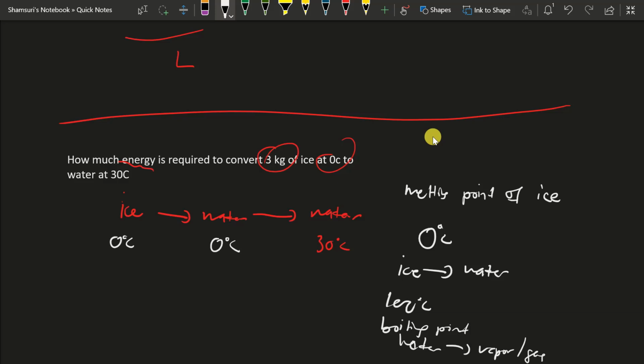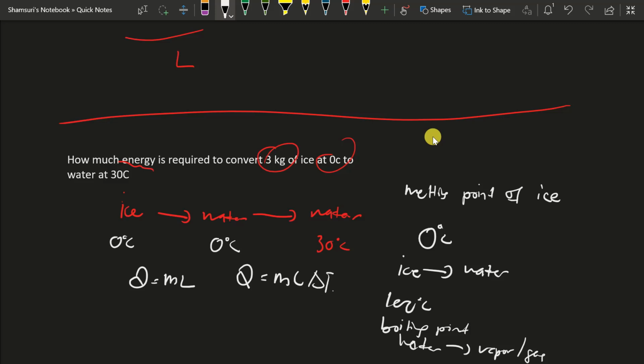Here, this is ice to water, which is at the same degree. So we can use Q is equal to mL. From here, we can also use Q is equal to mcΔT, the change of temperature.